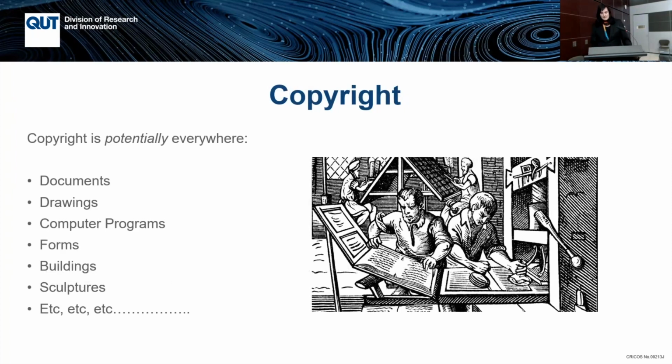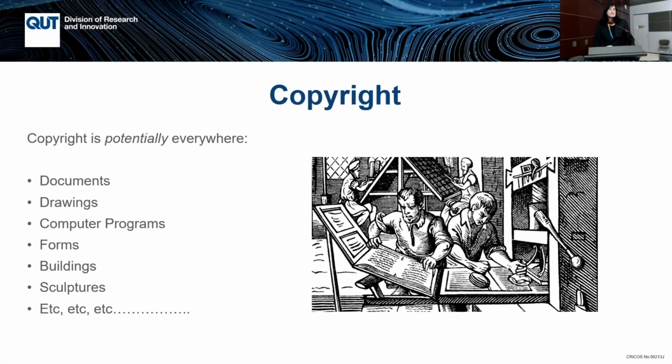Copyright, on the other hand, is most definitely a form of IP. And it is a form of IP which rests in things which are printed down, reduced to material form, like documents, drawings. A computer program is potentially IP.